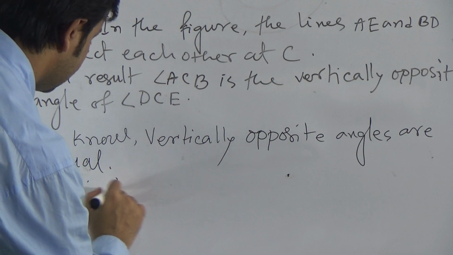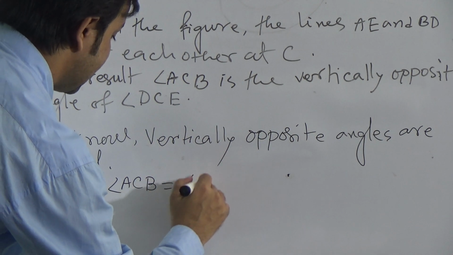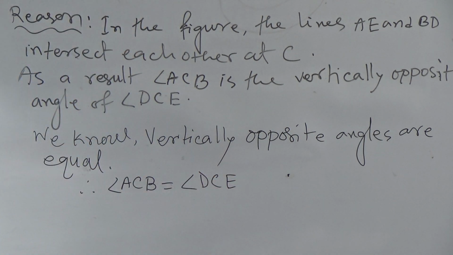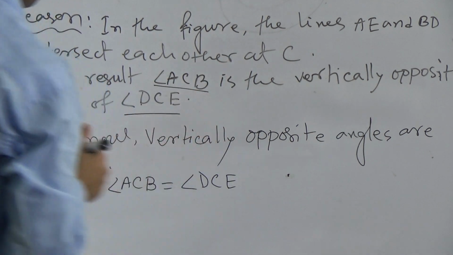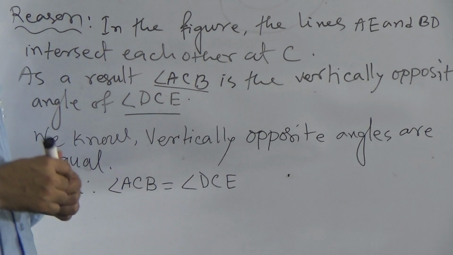Therefore, we can say angle ACB is equal to angle DCE. As these two angles are vertically opposite angles, I have written here ACB and DCE are vertically opposite angle of each other.